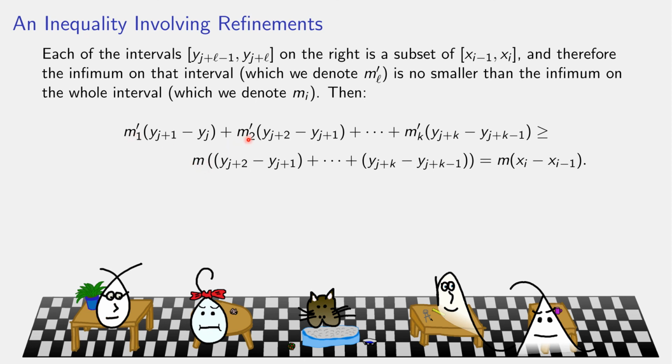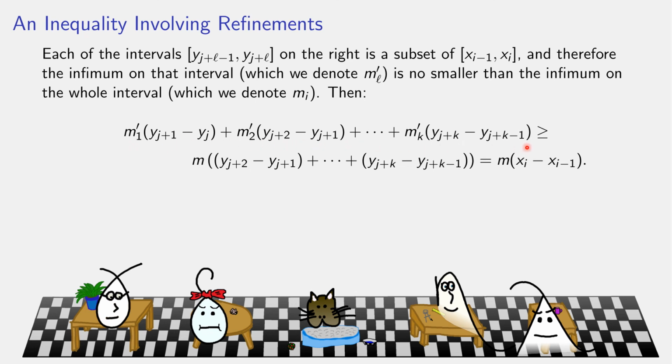And this infimum on one small piece is bigger than or equal to this infimum from the overall piece. Because what are we doing? We're taking the interval from x_i to x_{i-1} and just breaking it up into these pieces. But the same overall infimum multiplied to each piece of this partition is less than or equal to the new infimums on each piece.